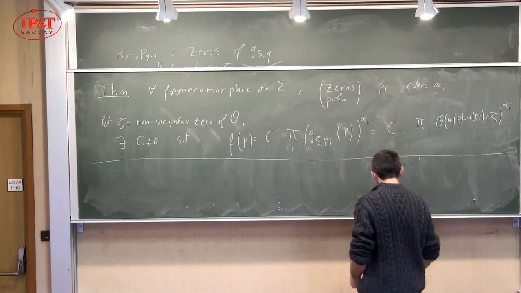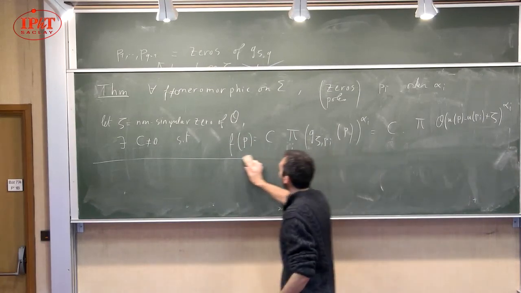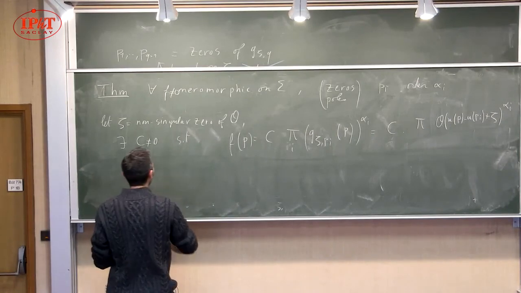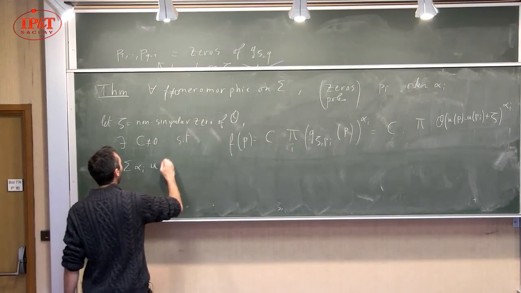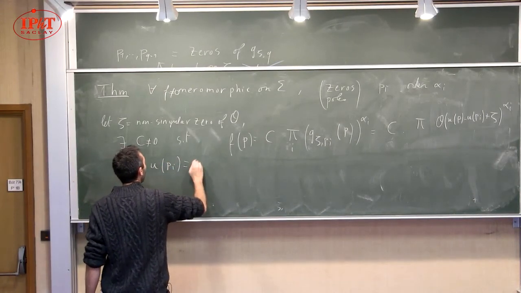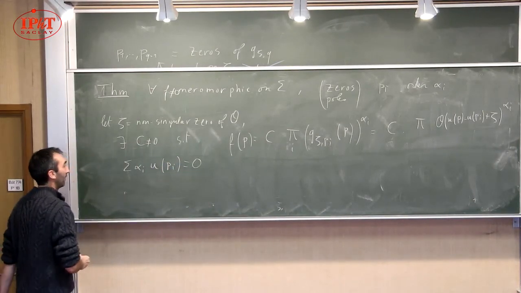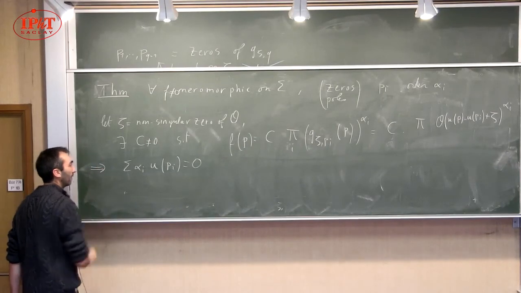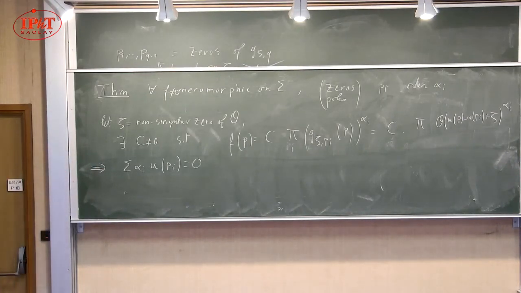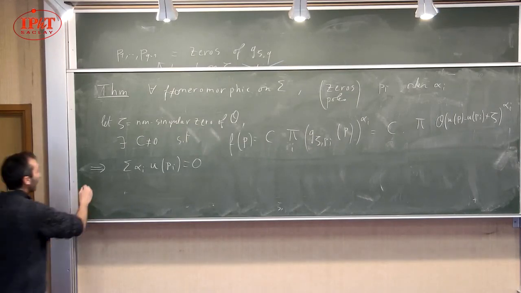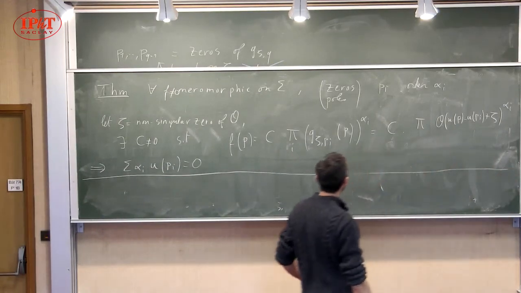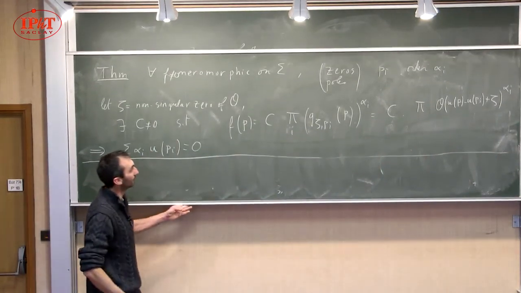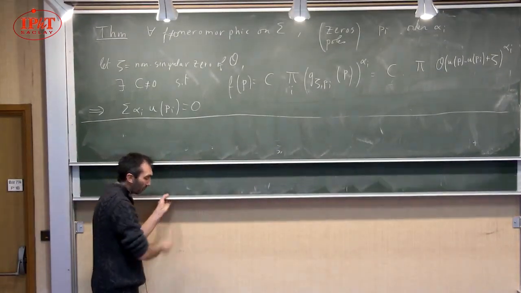And it implies that the sum of alpha i of u of pi equals something, so every meromorphic function has to satisfy that. How do we prove this?